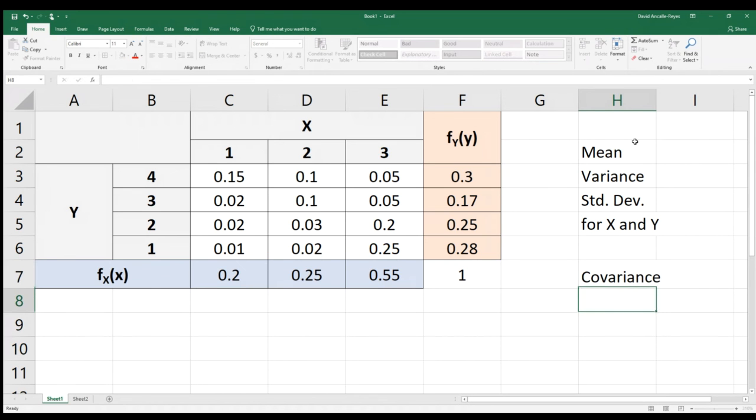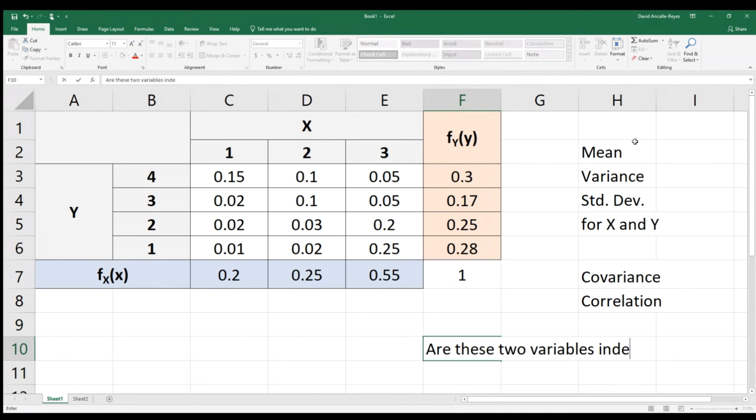In other words, I'm asking for the covariance and the correlation. You have all the equations you need. It's just a matter of being able to identify what you need to plug into each equation. So give me the mean, the variance, the standard deviation, the covariance, the correlation, and at the end, I'd like for you to answer the question, are these two variables independent? Okay? You'll have 15 minutes to work through that, and then we'll go over the result after you submit it.